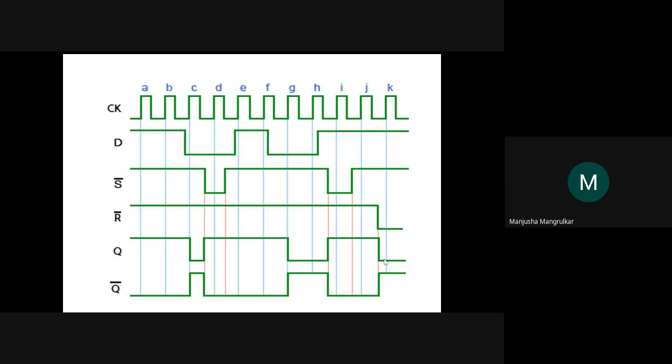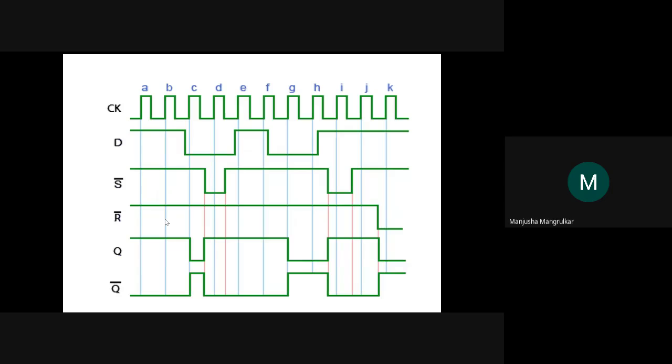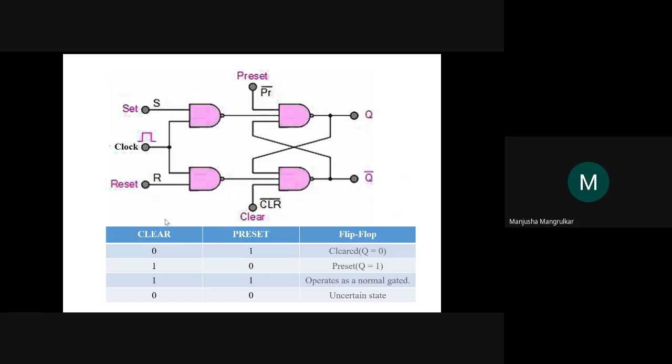That's the difference, so you have to understand this waveform. Set means your Q is equal to 1. Reset means your Q is equal to 0, right? So this output is a combination of both the D and SR flip-flop, right? So you go through all these, and if you don't understand, please ask me questions.